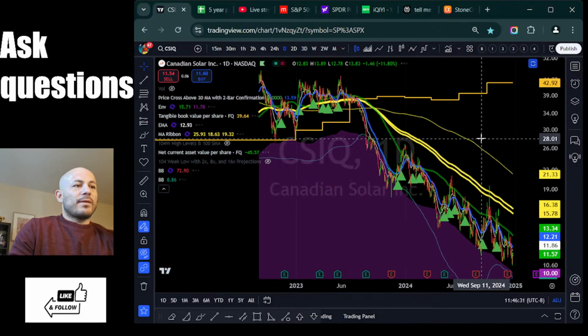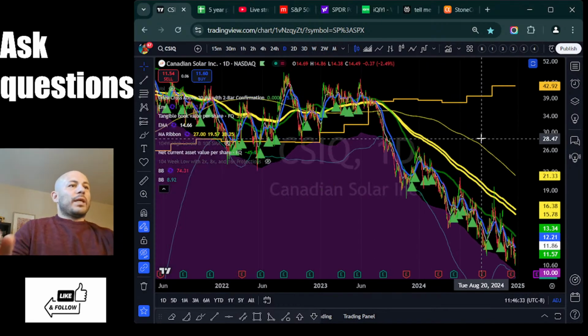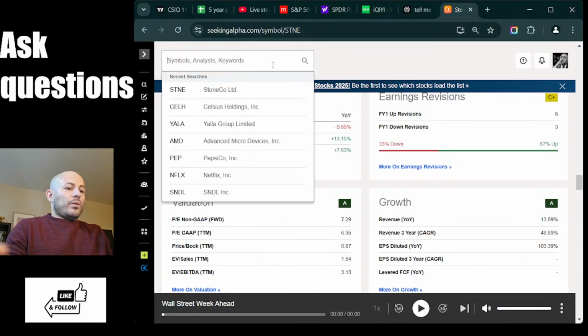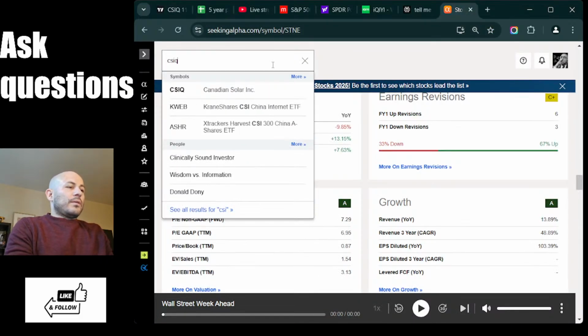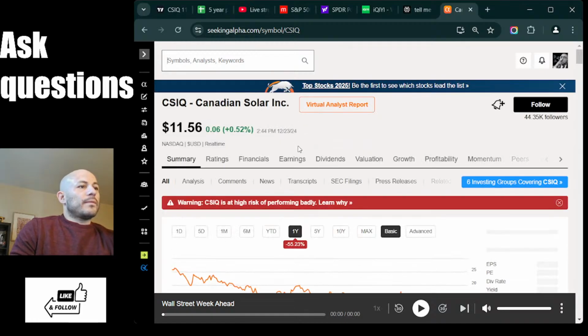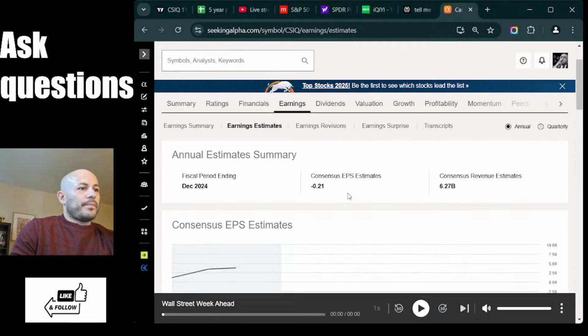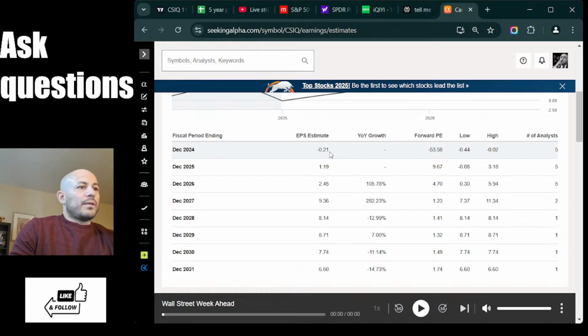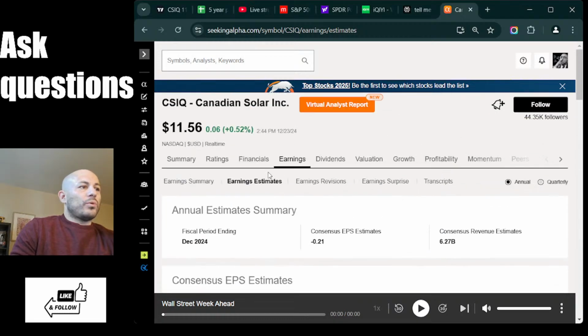I still like this. They have a ton of tangible book value. They're losing this year, 2024. They're at 10 PE. They're making $1 and then $2. So they're cheap over the next 2 years. Solar is down. There's tariffs on China. They're building plants in the United States.